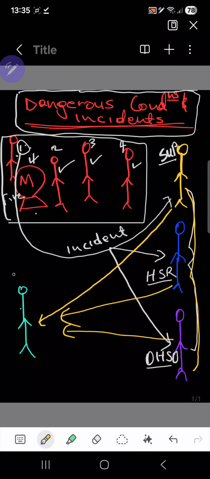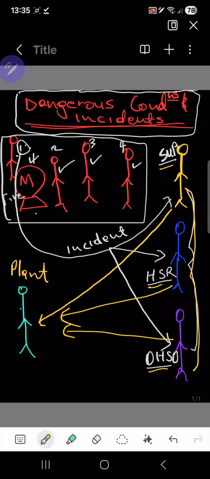This is the person in charge of the plant. So this one receives the report from the supervisor or health and safety representative or occupational health and safety officer.